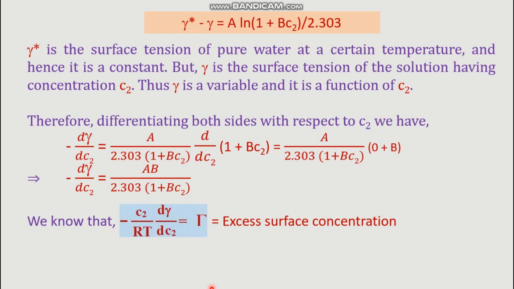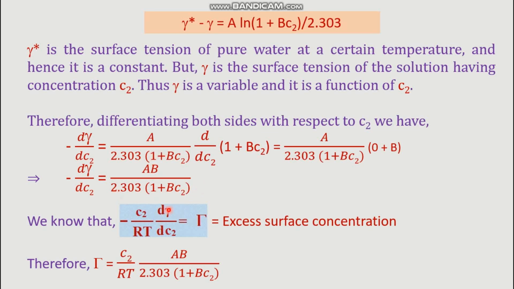Now from our previous derivations we know, in equation number 32, that if minus d gamma by dC2 is multiplied by C2 by RT, it becomes the excess surface concentration, capital gamma. So in place of minus d gamma by dC2 we can put this term.